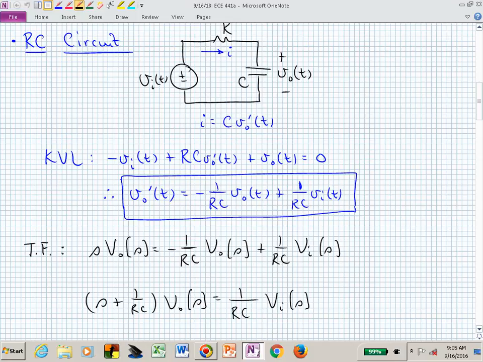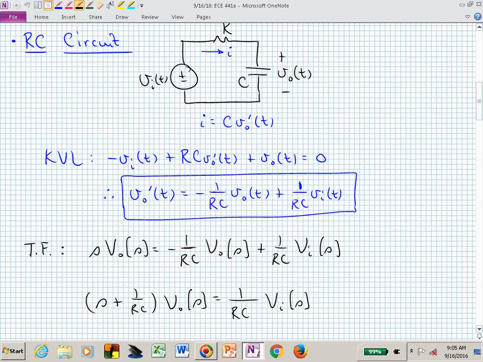If we Laplace transform that governing differential equation, then we have S replacing the derivative operation in the time domain. The RCs are constant.